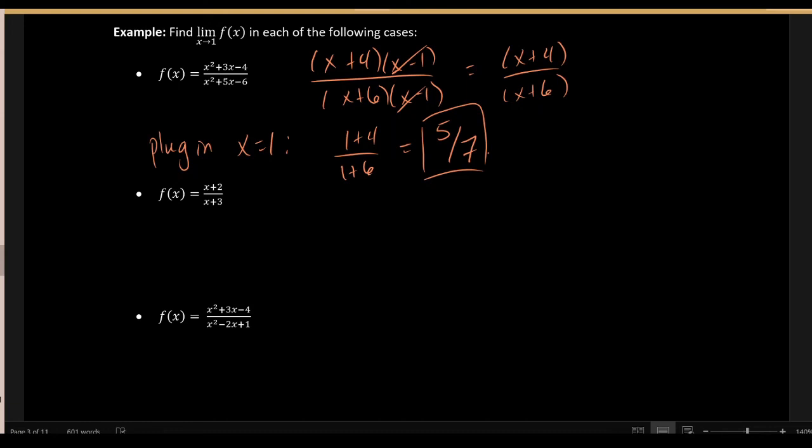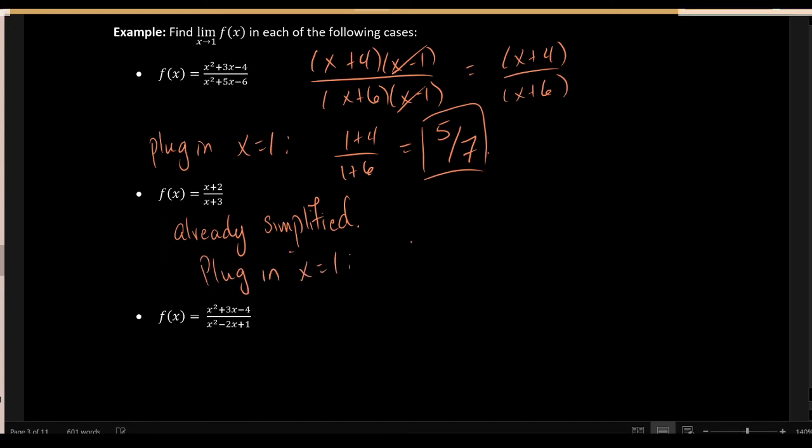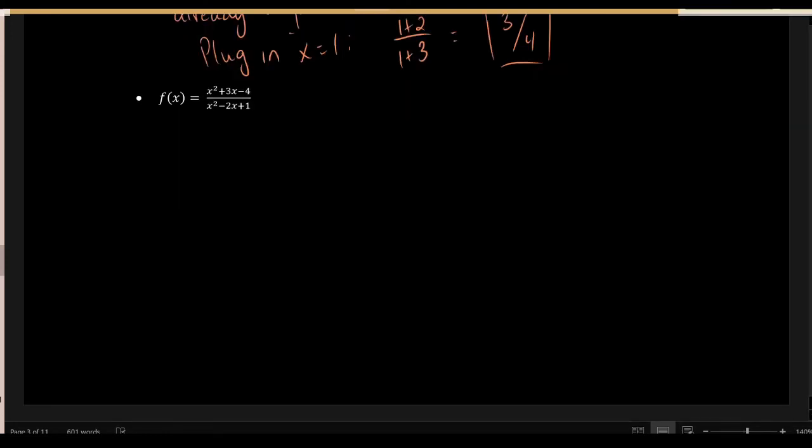Note that this fraction is actually already completely simplified. I don't have to simplify it further, and I can go ahead and just plug in x equals 1. I get 1 plus 2 over 1 plus 3, which is 3 over 4. By plugging 1 into the simplified function, I can get the value of the limit. But what about this last example here? In this case, if I simplify, the numerator is x plus 4 times x minus 1, and the denominator factors as x minus 1 times x minus 1.